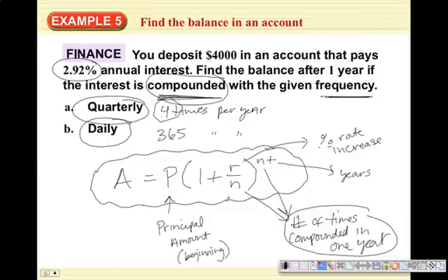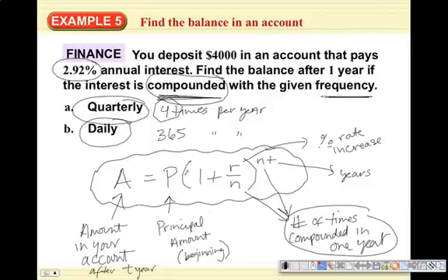Okay, what else is missing? A is the amount in your account. Ooh, that rhymes. The amount in your account after T years, after however many years you want to think about.